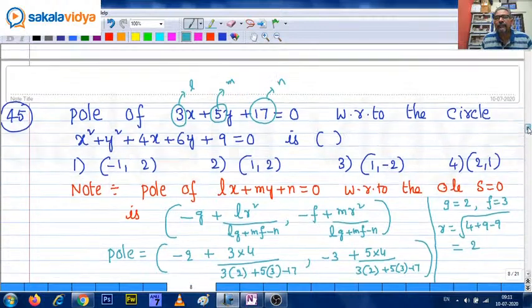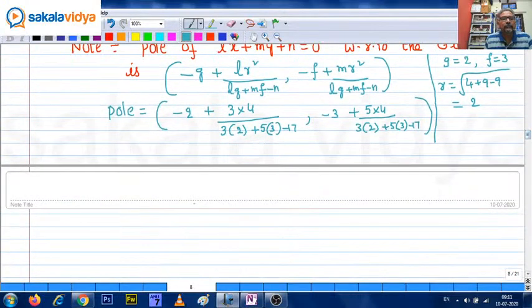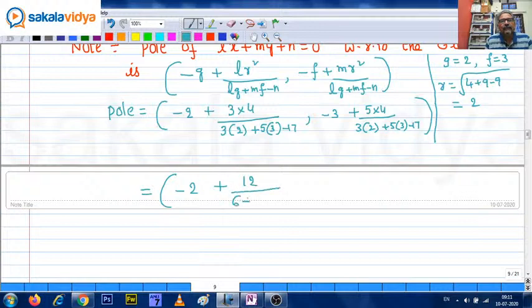So let us do it now. This equals minus 2 plus 12 upon 6 plus 15 minus 17, minus 3 plus 20 upon 6 plus 15 minus 17.